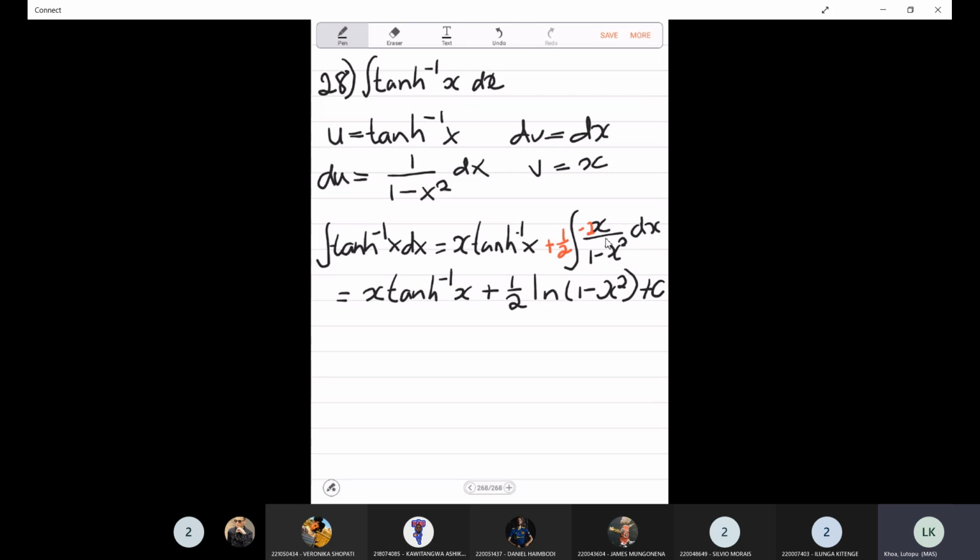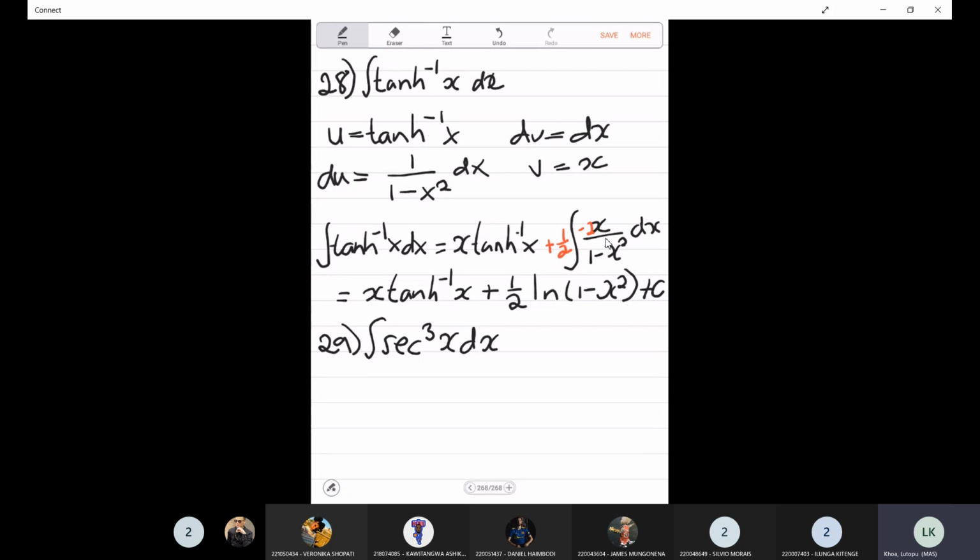And we can look at one more, number 29. We have the integral of sec cubed of x dx. So with this one here, it might be useful before we integrate to rewrite it using some of our trigonometric identities.